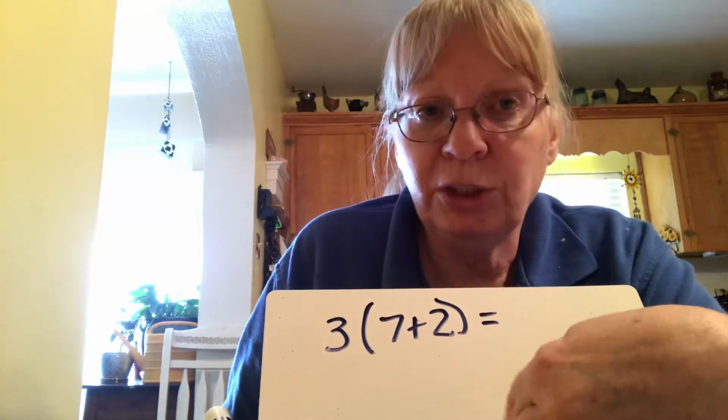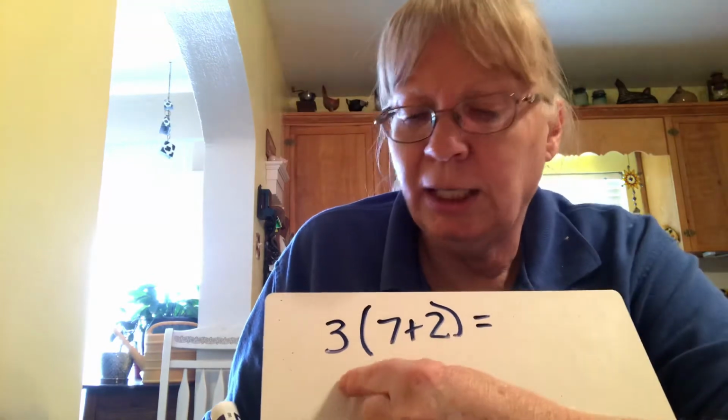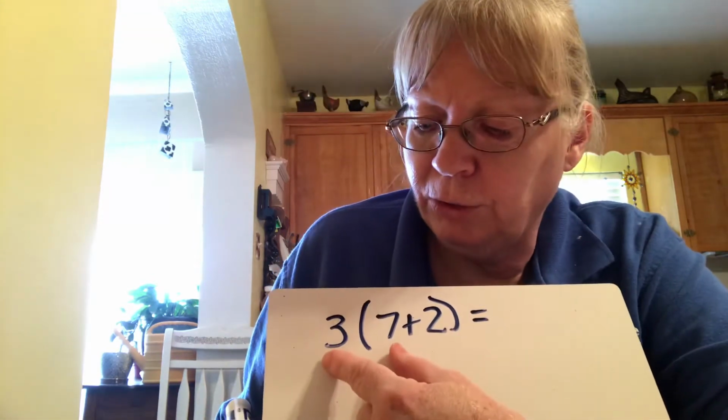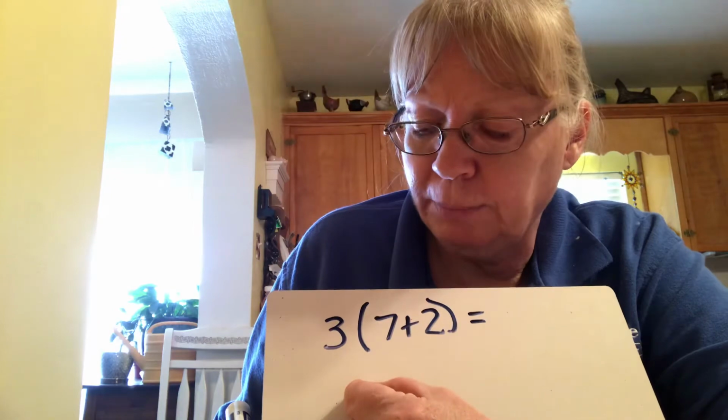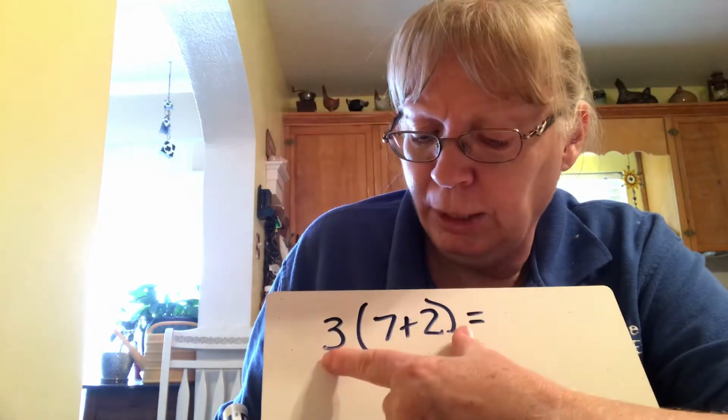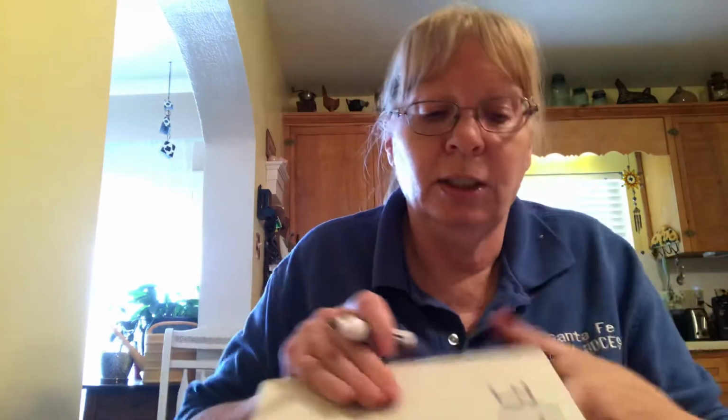If I distribute it, that means I'm going to take it in pieces. I'm going to do 3 times 7, and then I'm going to add 3 times 2. So it's 3 times 7 plus 3 times 2.